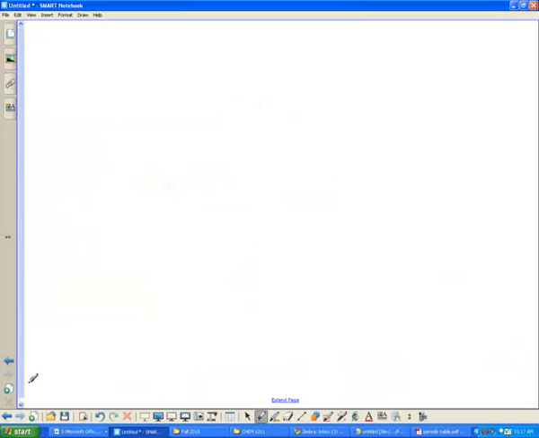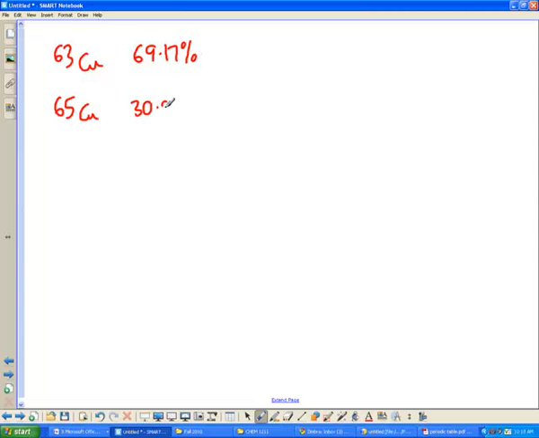If we just do one quick example. Copper exists as essentially 2 isotopes, copper-63 and copper-65. The copper-63 has an abundance of 69.17%. The copper-65 has an abundance of 30.83%. Calculate the atomic mass of copper. We're just going to do exactly the same thing again.